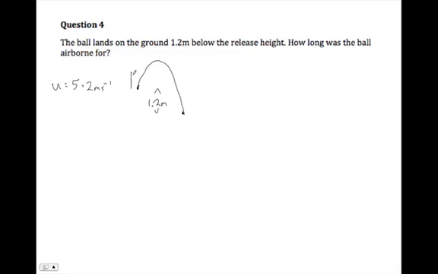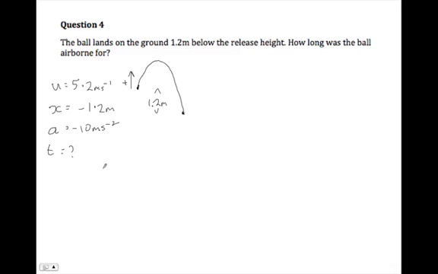Again, I was calling this direction positive. Therefore, its displacement is 1.2 meters downwards, so that's minus 1.2 meters, and acceleration is minus 10 meters per second squared. And this time we want to know time.